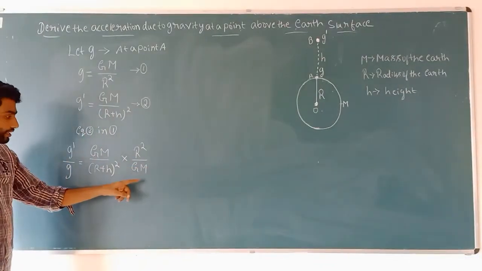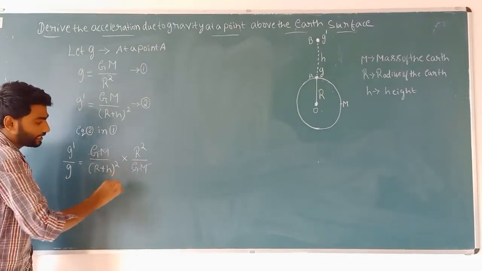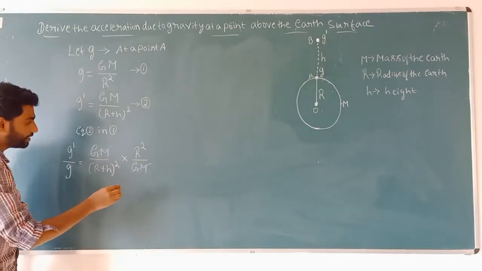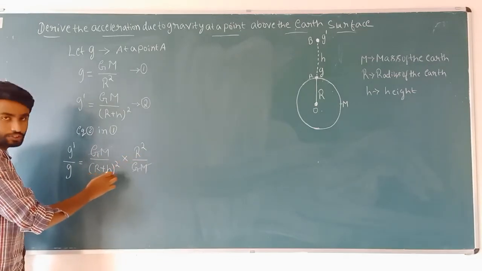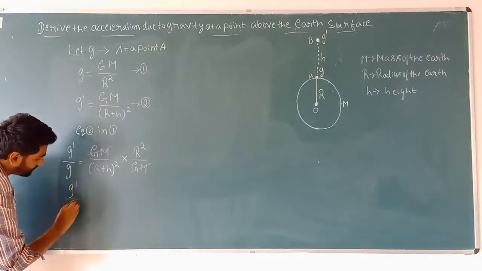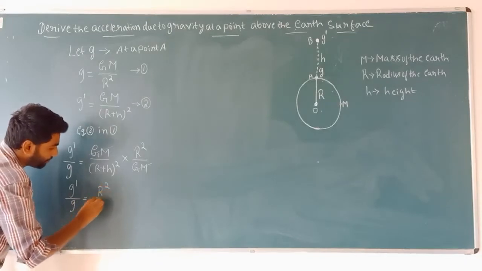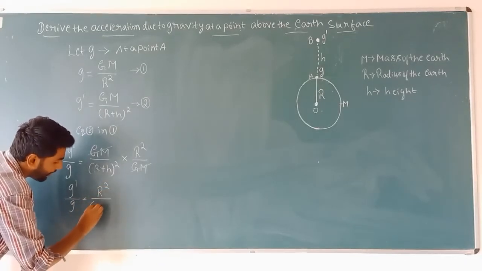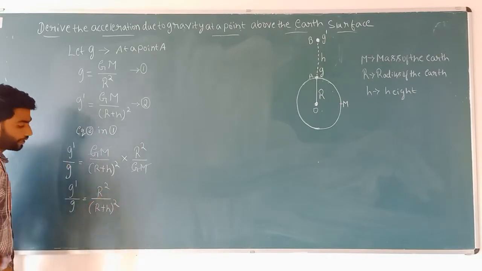In this equation, similar terms G m get cancelled. So remaining r square by r plus h whole square. So g dash by g equals r square by r plus h whole square.